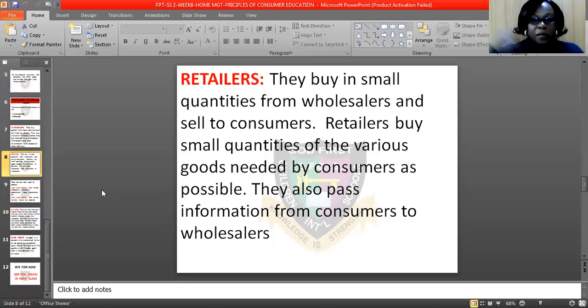Then the owner of that shop will go back to where he bought, which is the wholesaler, and lay the complaint. The wholesaler will now go back to the company that produces it and lay the complaint, and they will make a change. They will apply the techniques of redress. Do you understand? That is how it works. There's no magic in it. Is that taken? All right.